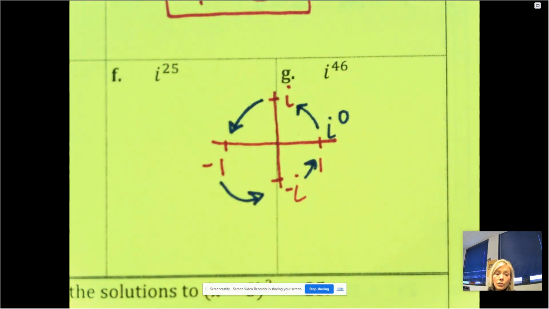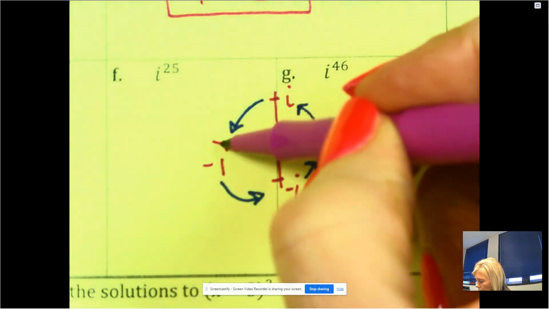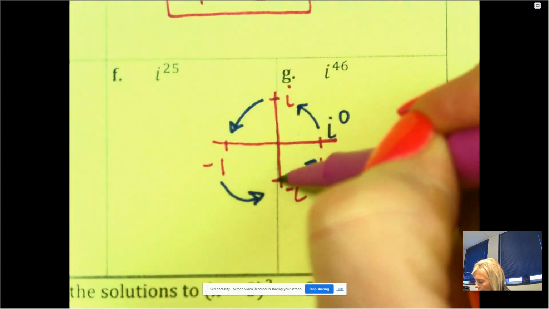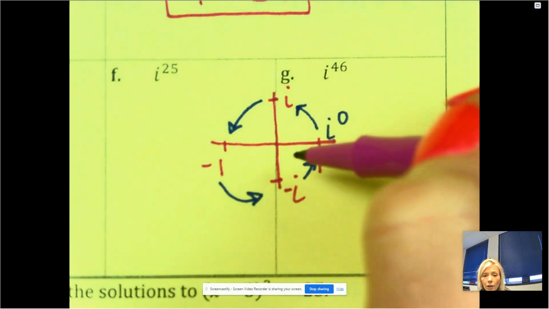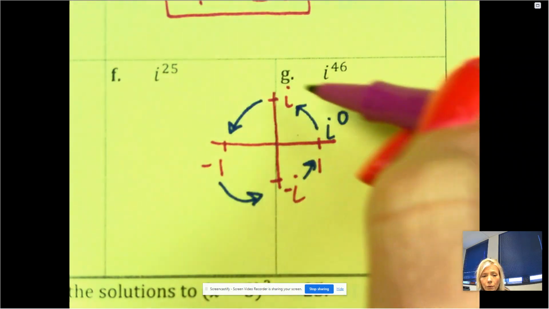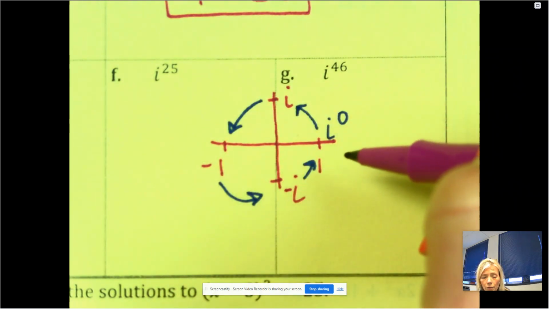So one strategy you could take for i to the 25th is to start here and count 25 times around the circle. It's not a strategy I would recommend, but you could. You could count 25 places and see where you land.